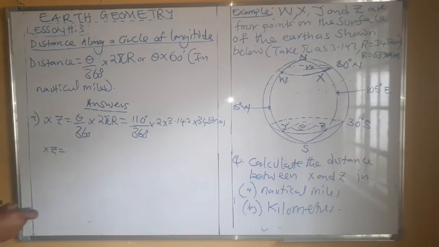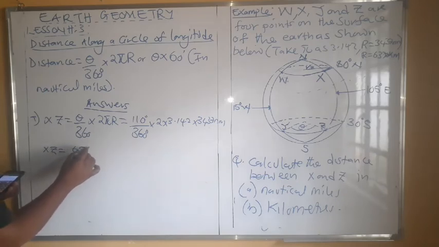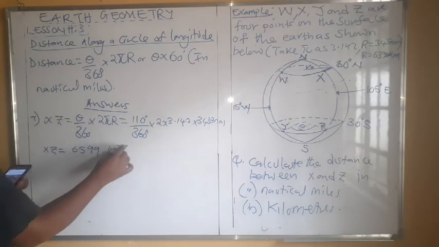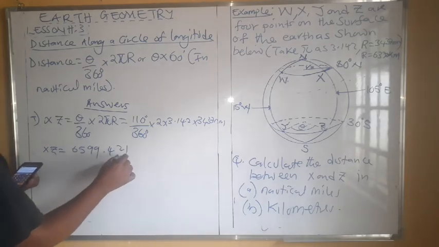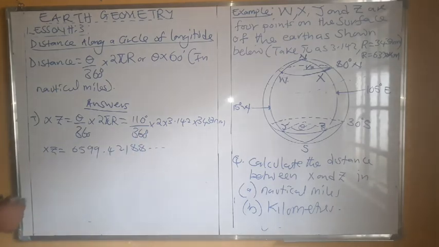So XZ is equal to, let me check what a friend of mine has found. When you compute, the answer is 6599.42188. Of course, there are a lot of numbers there, you can write all of them. You round it off to 3 significant figures, only if the question does not carry any instruction.